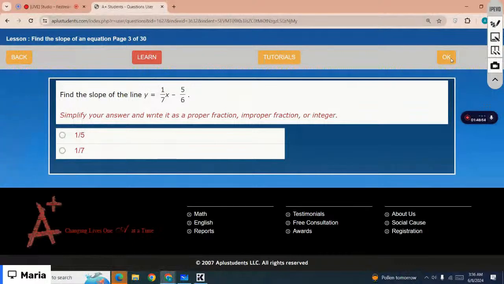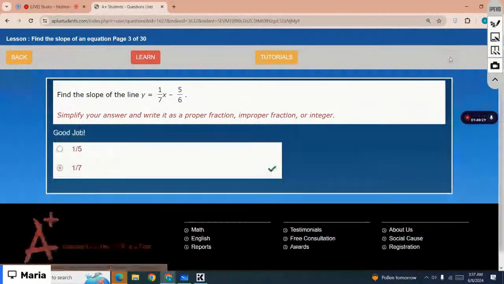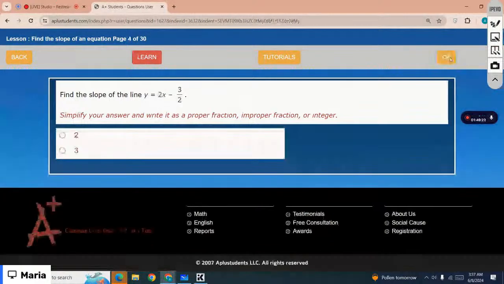Find the slope of the line y equals 1 by 7x minus 5 over 6. Which is the correct option? Yes, that is 1 over 7. The slope is 1 by 7. Find the slope of the line y equals 2x minus 3 by 2.